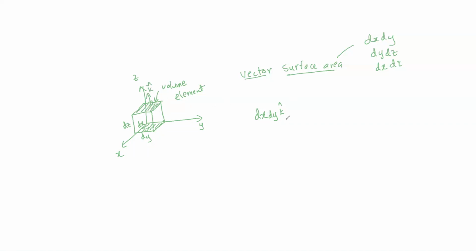So the k hat vector we can multiply with dx dy to obtain the vector surface area of this dx dy. So we can define one vector surface area like this. There are two other vector surface areas that we can define. What are the two other vector surface areas? Can you let me know?